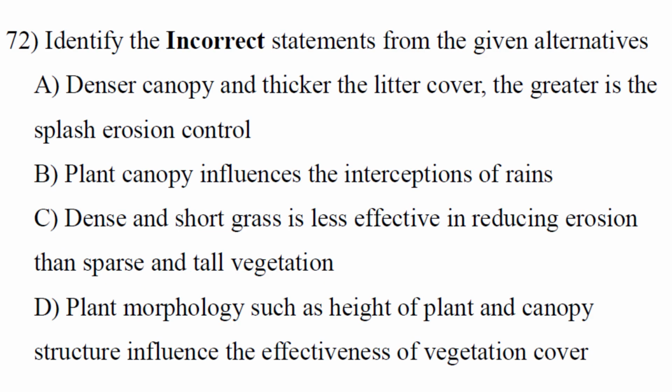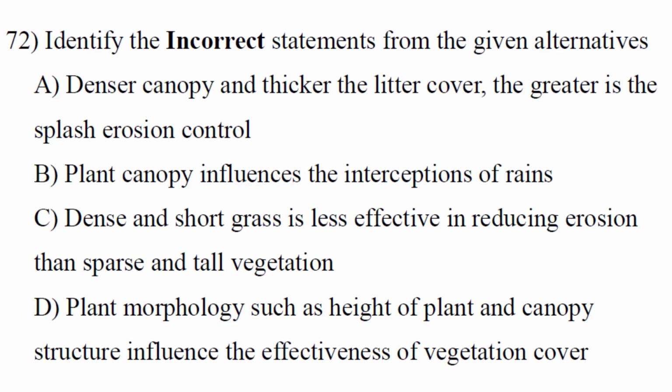72. Identify the incorrect statement from the given alternatives. A. Denser canopy and thicker litter cover, the greater is the splash erosion control. B. Plant canopy influences the interception of rains. C. Dense and short grass is less effective in reducing erosion than sparse and tall vegetation.